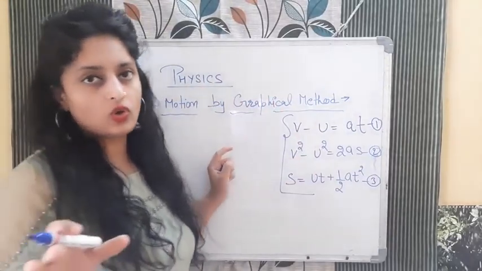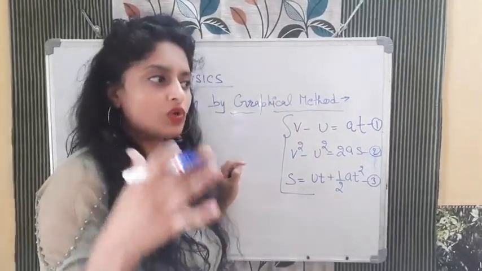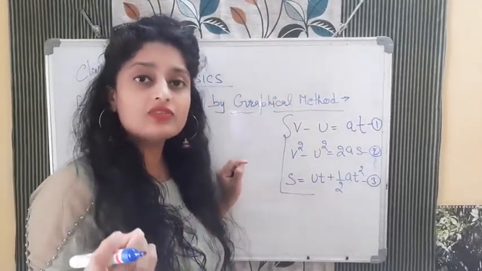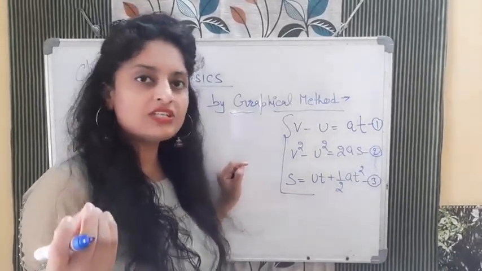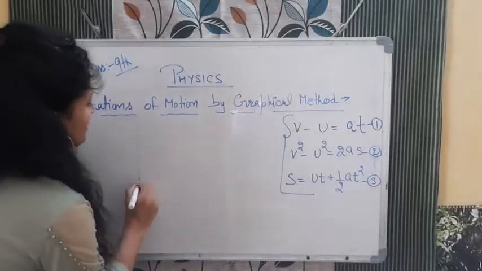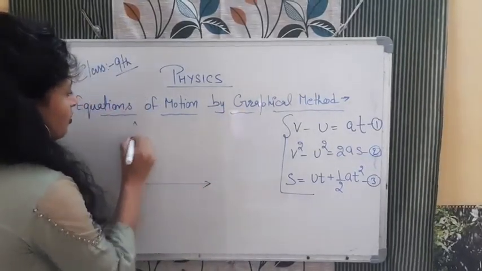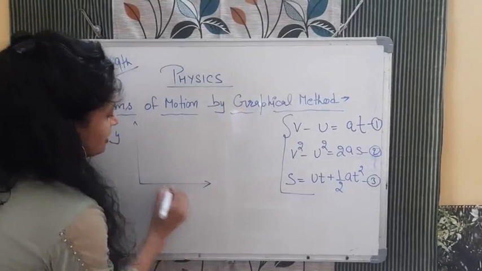Firstly, you should know about the graph, which we also discussed. Quickly repeating: a graph is the pictorial representation of physical quantities. In a graph there are two axes perpendicular to each other, one known as the y-axis and one as the x-axis.